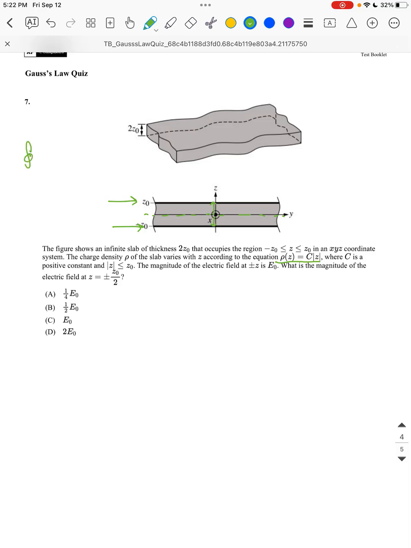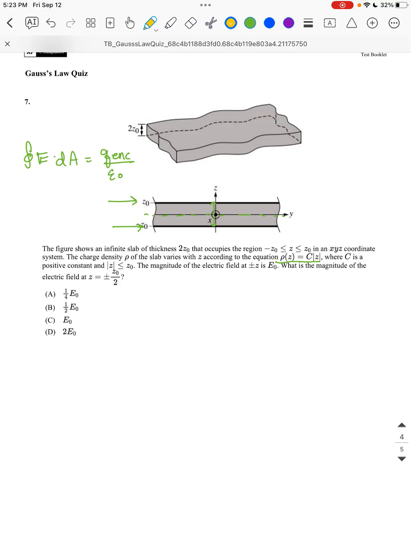So our enclosed integral E dot dA is equal to Q enclosed over epsilon naught. The left side should be pretty easy, but we need to figure out how the charges are distributed, what the electric field looks like.